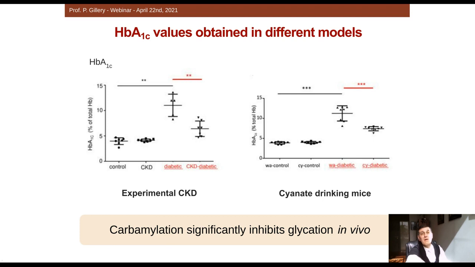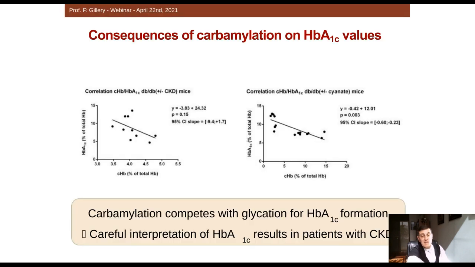But what is especially interesting is that in mice with diabetes and renal insufficiency, HbA1c values are much lower than in mice with only diabetes. This demonstrates that carbamylation significantly inhibits glycation in vivo.